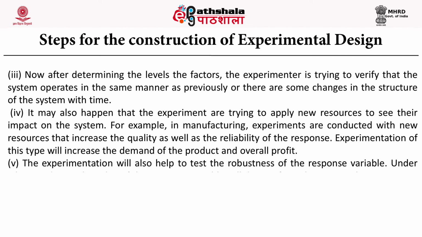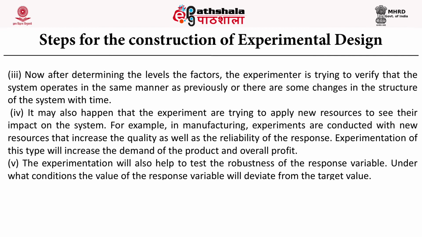For example, in manufacturing, experiments are conducted with new resources that increase the quality as well as the reliability of the response. Experimentation of this type will increase the demand of the product and overall profit. The experimentation will also help to test the robustness of the response variable, that is, under what condition the value of the response variable will deviate from the target value.